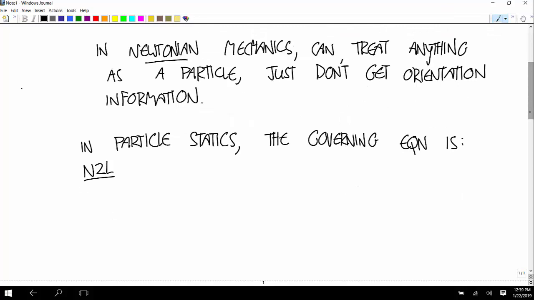So if it's static and there's no acceleration, that says that the sum of all the forces acting on a body is equal to the zero vector.